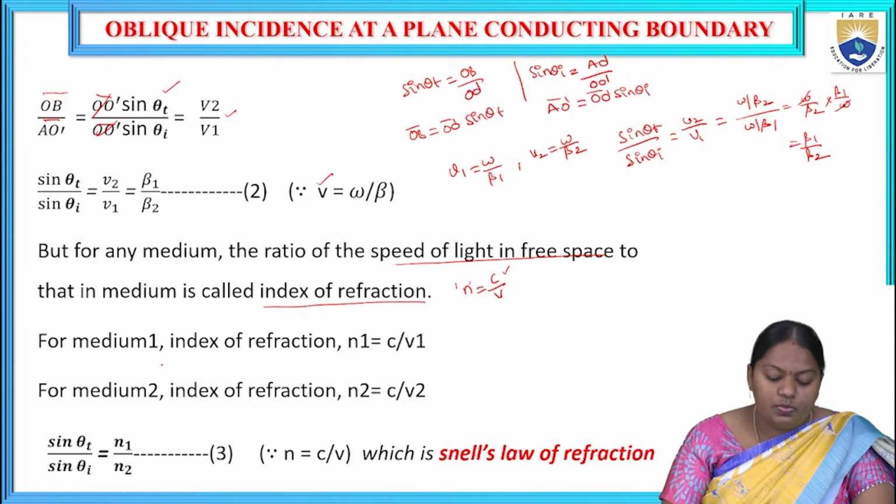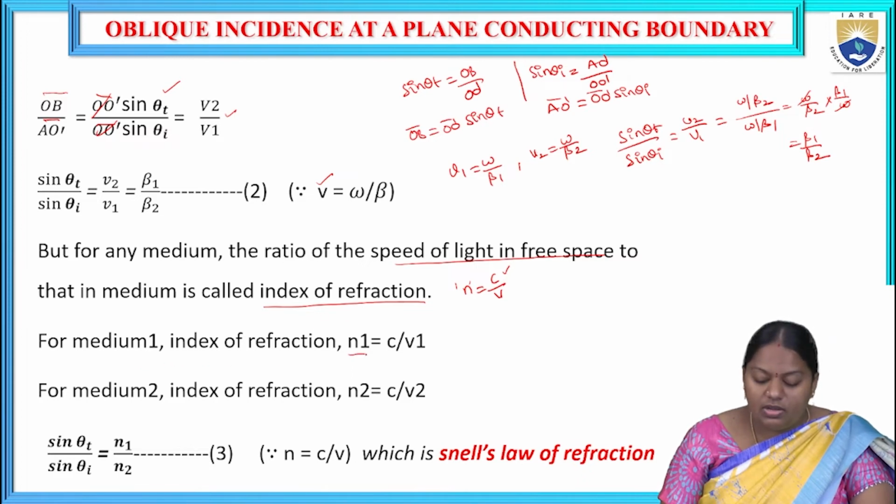For the first medium, the index of refraction is represented by n1 and is given by c by v1. For medium 2, the index of refraction is n2 equal to c by v2. Why is c common for both? Because c is the velocity of light in free space, and v1 and v2 differ with respect to medium 1 and 2.